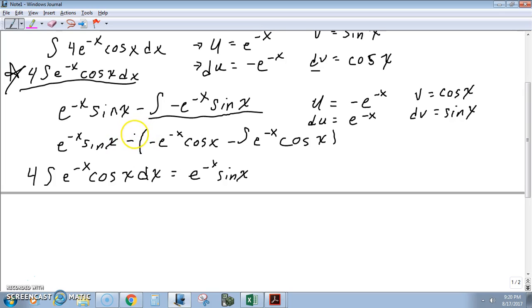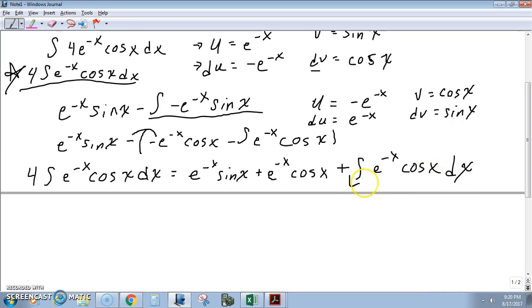And then I guess I'll distribute this negative. Maybe this is where I messed up. So we have plus e to the negative x cosine x plus the integral of e to the negative x cosine x dx.